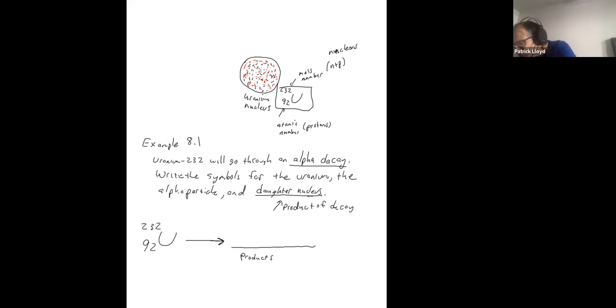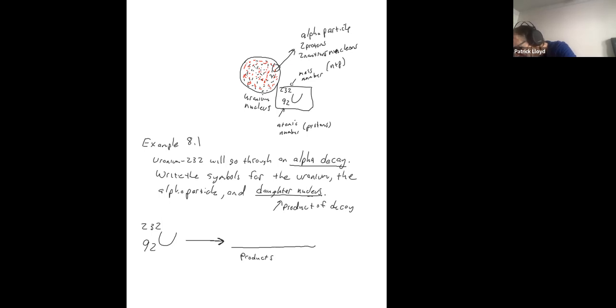So essentially what happens is this little uranium atom is just going to pop off a helium nucleus, an alpha particle. Remember, the alpha particle has 2 protons and 2 neutrons. Now we use a very specific symbol for the alpha particle.